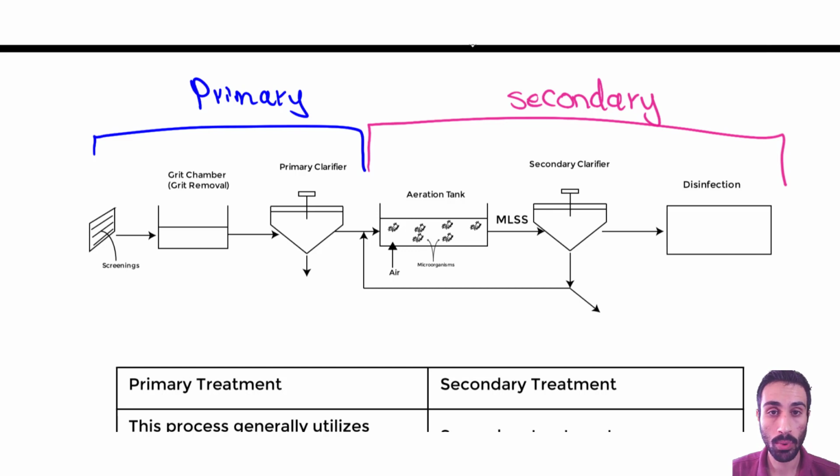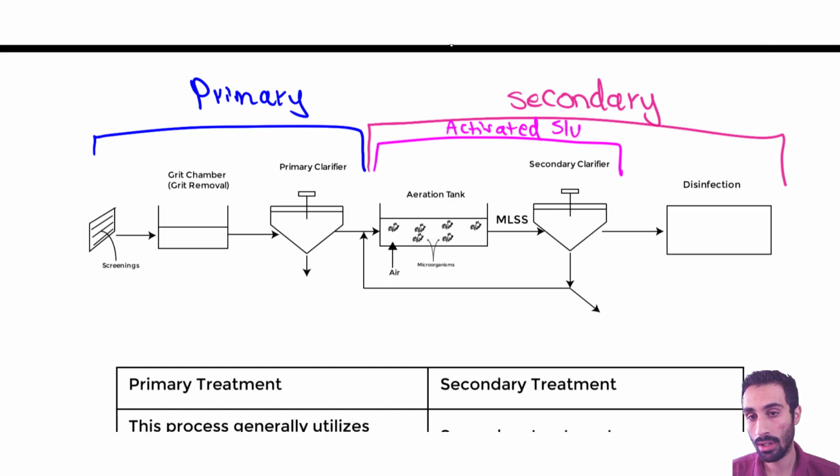So this portion, let me denote it here. This portion is the activated sludge. So the one we're going to actually focus on is going to be this portion, the activated sludge treatment.